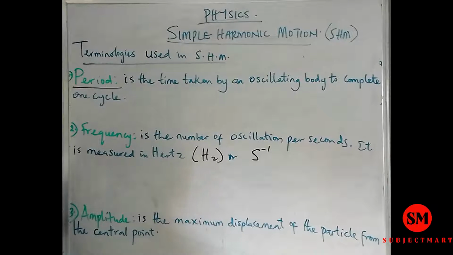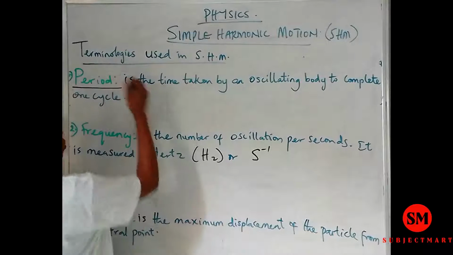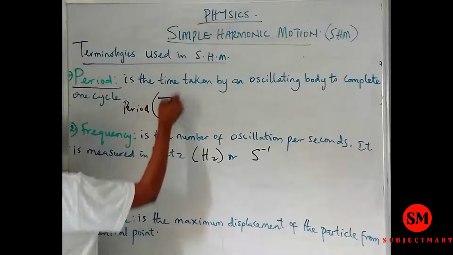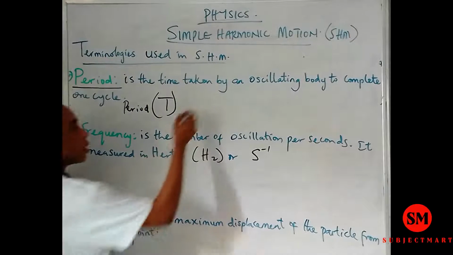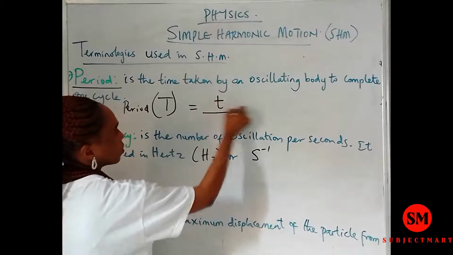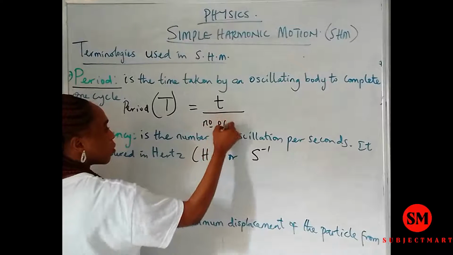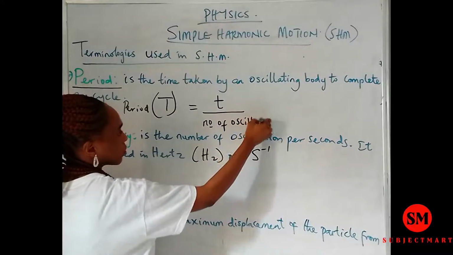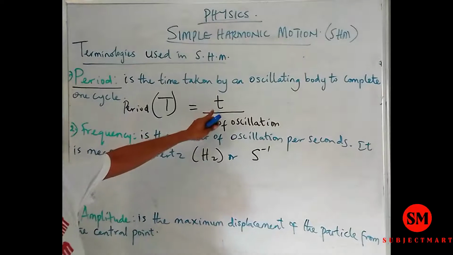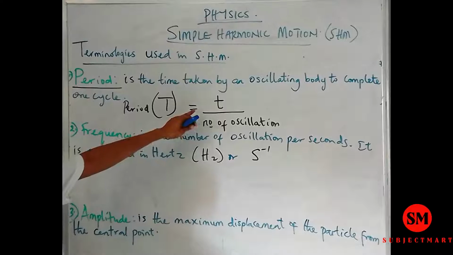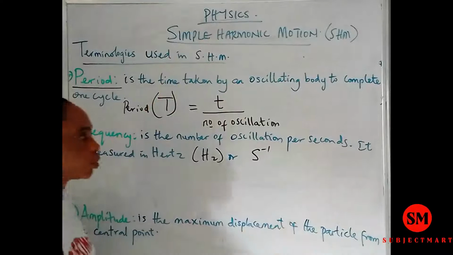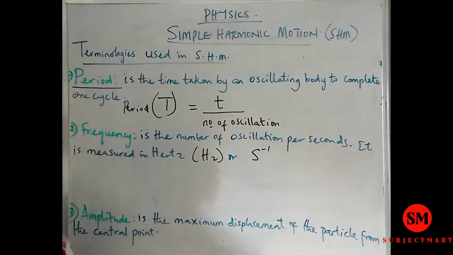And usually, period is denoted as capital T, and is given by small t over number of oscillations. This small t is the time taken in seconds, divided by the number of to and fro movements, which is the number of oscillations.